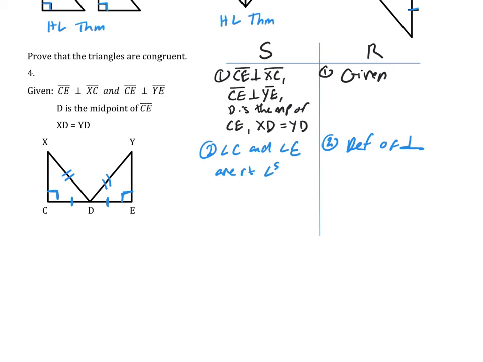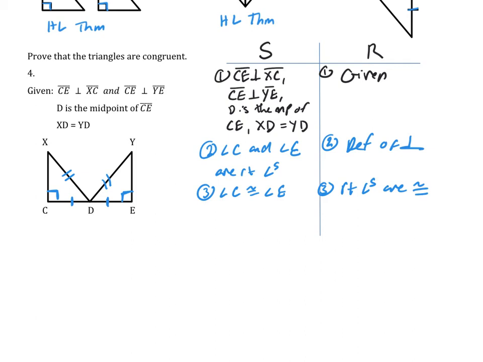Let's keep going here, because I not only need to say they're right, I need to say they're congruent. So in a third line: angle C is congruent to angle E because right angles are congruent. They're both right angles, so they're congruent.